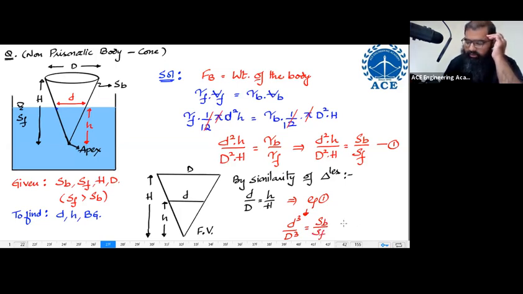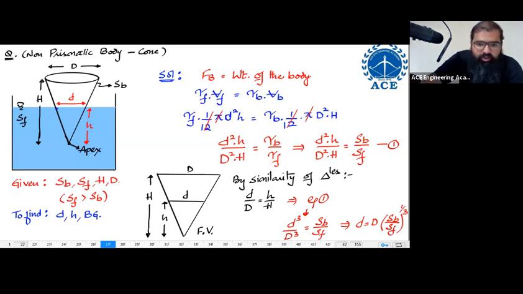So small d equals capital D into (SB upon SF) whole power 1 by 3. I hope you are following this.